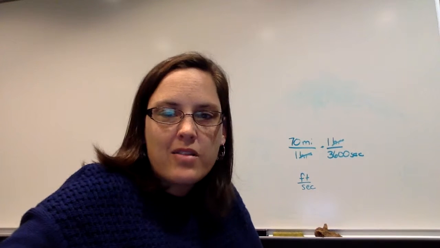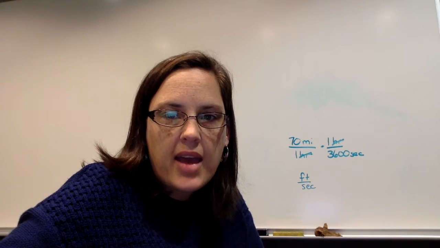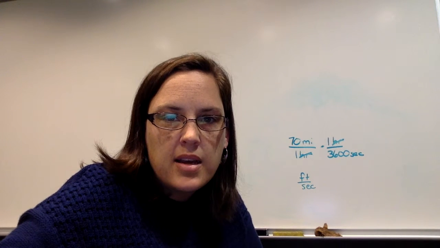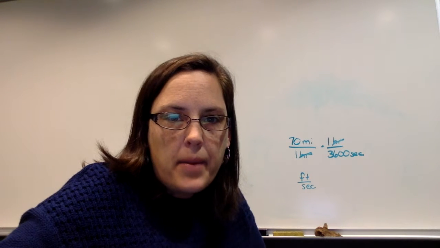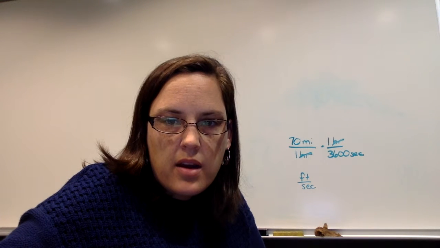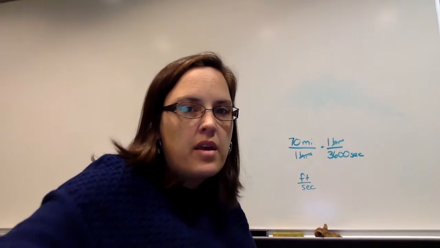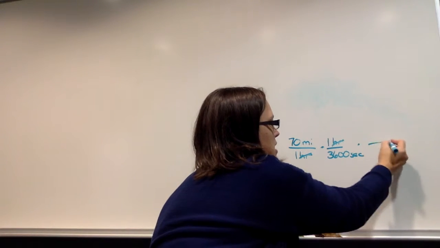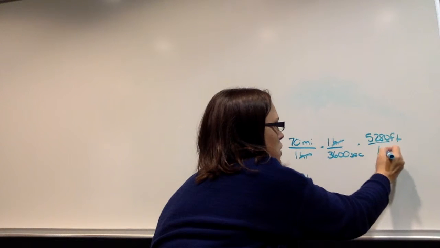And if you don't have that conversion memorized, look on page 201, and there's some conversions from metric to customary and vice versa. But I don't see one on there within customary measurements. So there are 5,280 feet in 1 mile, and I'm going to do 5,280 feet over 1 mile.